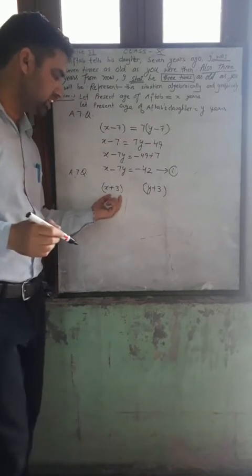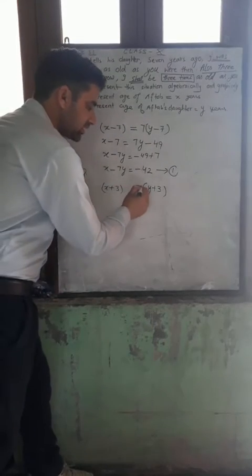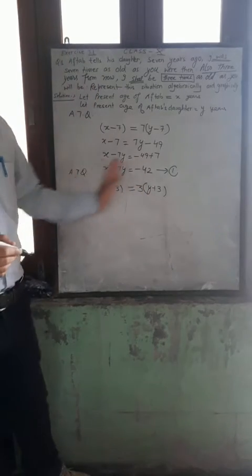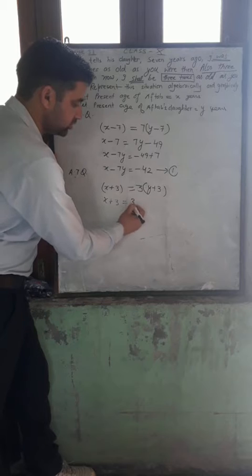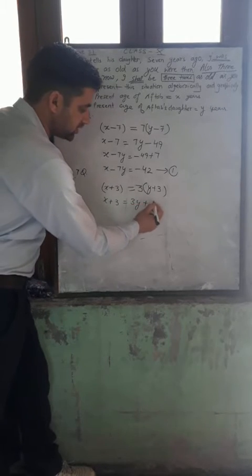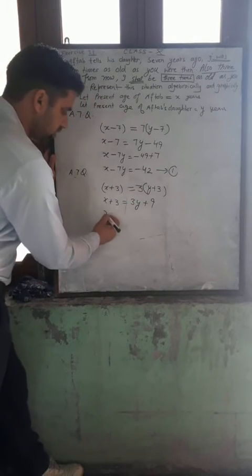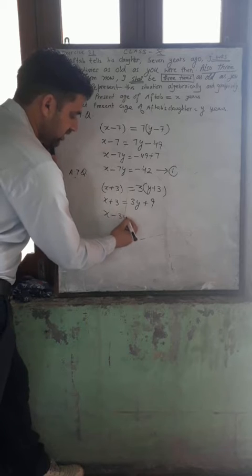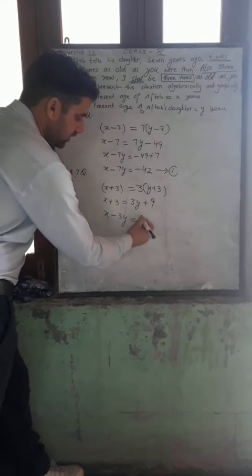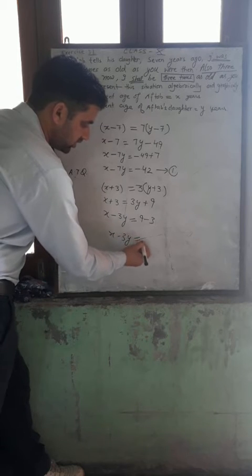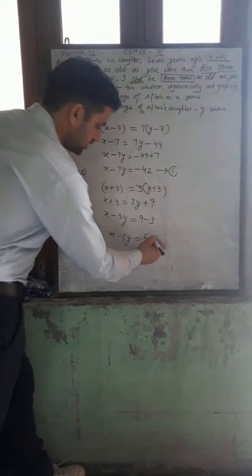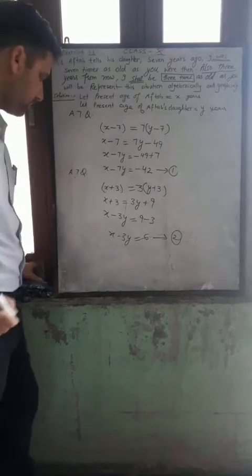So Aftab is 3 times, so we multiply the other side by 3 so that both are equal. x plus 3 is equal to 3 times y plus 3, 3 3 is 9. Now x minus 3y is equal to 9 minus 3, x minus 3y is equal to 6. This is equation number 2.